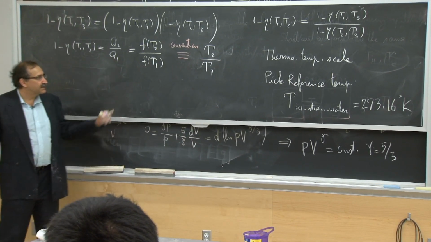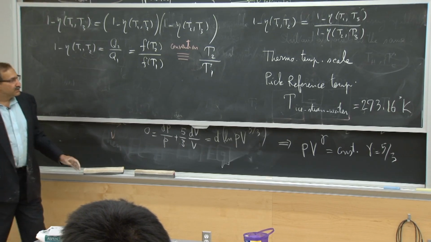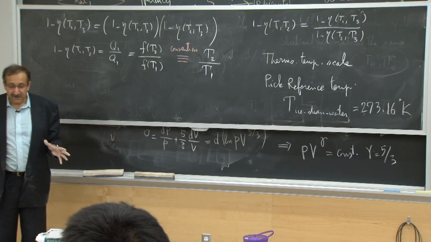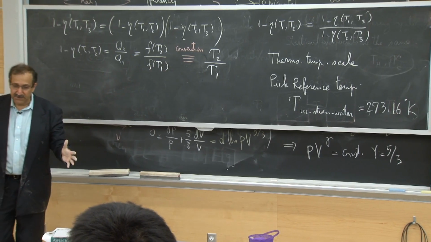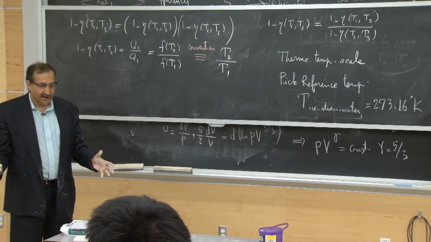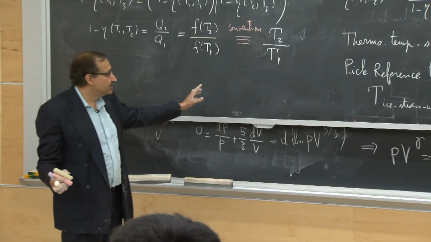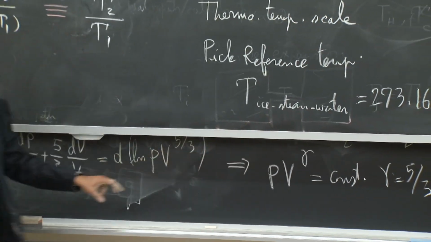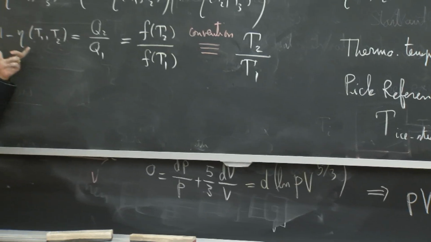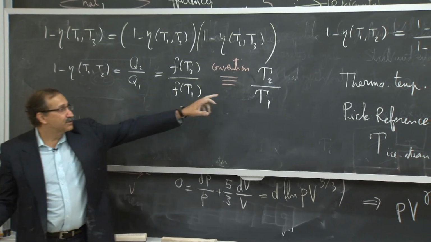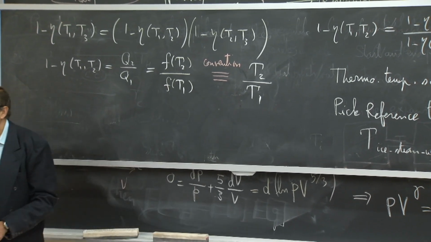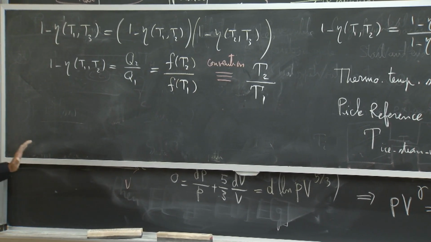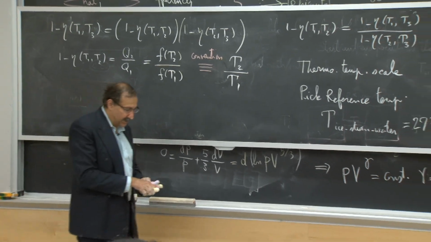If I say that I pick that reference temperature, then in principle, what I could do is, if somebody gives me a bath, I can run a Carnot engine between that bath of unknown temperature and this reference point, calculate the efficiency, 1 minus the efficiency, use this ratio with 273.16, and I have the temperature of my new object. So we've completed that thermodynamic temperature scale.